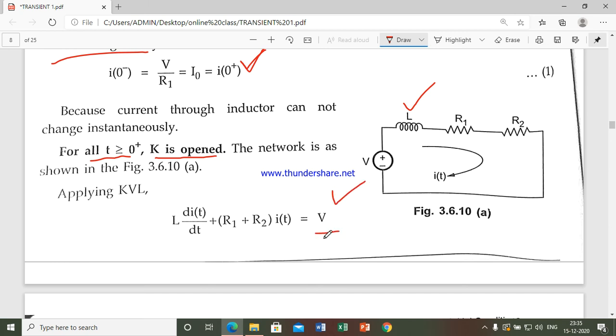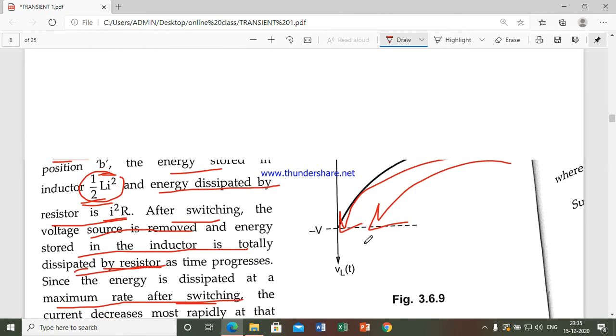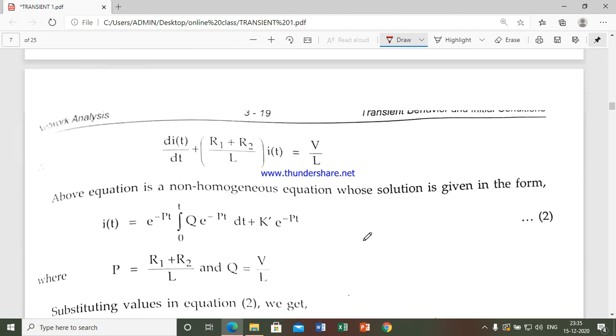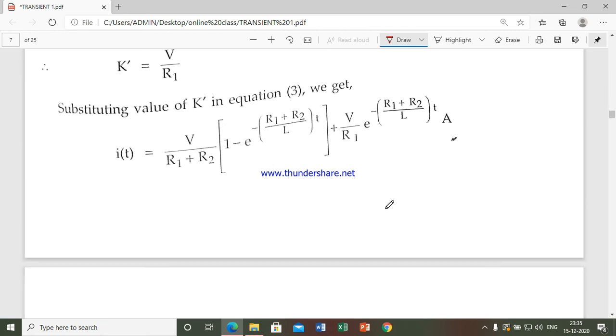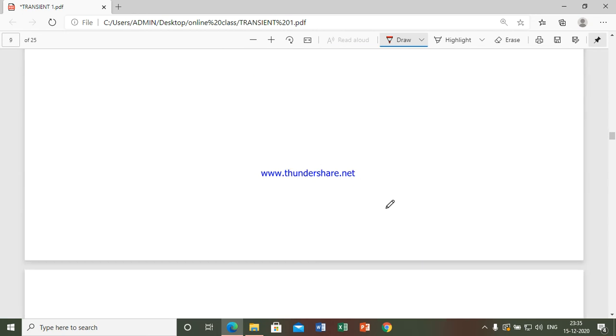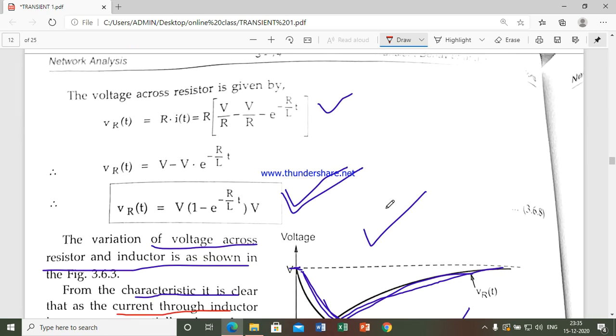Here you should observe that you have the voltage source V. If the voltage source V is present, then you can say this is a non-homogeneous equation. Look at the solution of the non-homogeneous equation. What is the derived expression for a non-homogeneous equation?